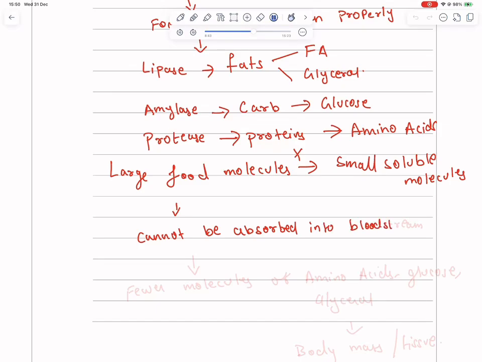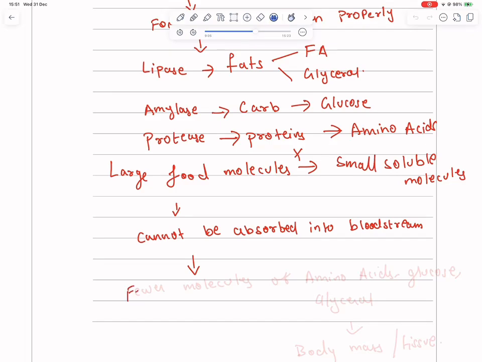Now what happens? This leads to fewer amino acids and carbohydrates and fatty acids being available to build proteins, because these small soluble molecules which build proteins and muscle in the body tissues, there are fewer of them available.